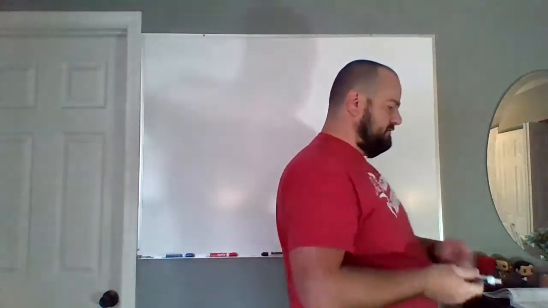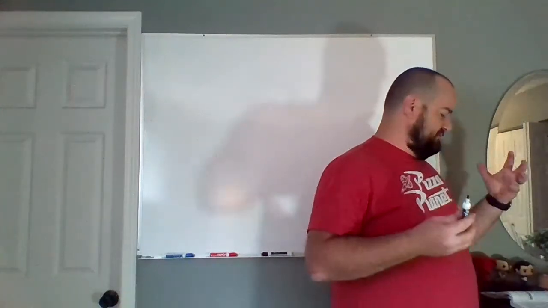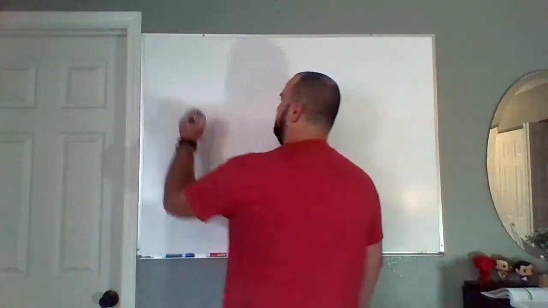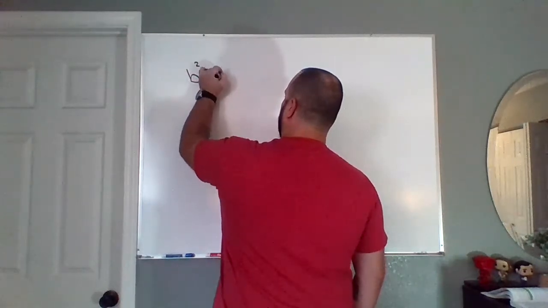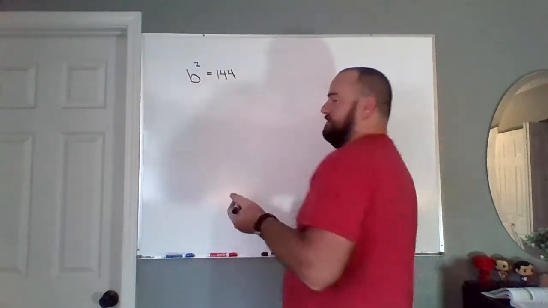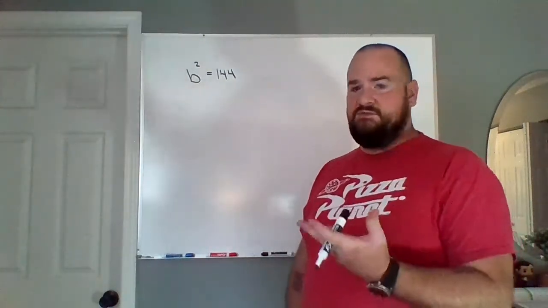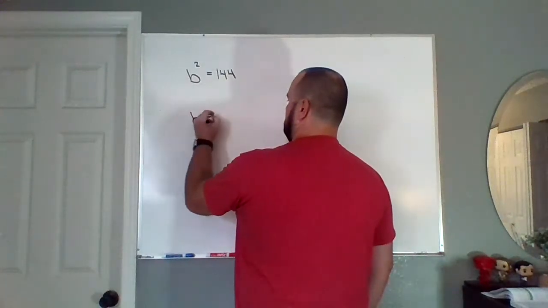There's a few ways we can do this if we have some really basic understanding of exponents. Let's start with some really simple equations. If I have something like b squared equals 144, what do I want to do? In the end, I want to get to a point where I have b equals.